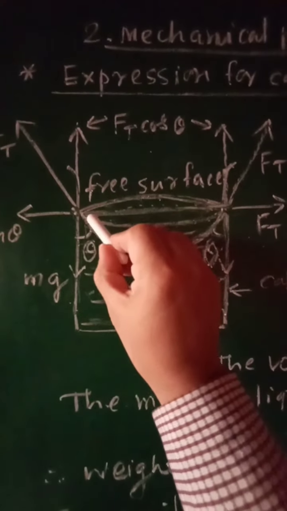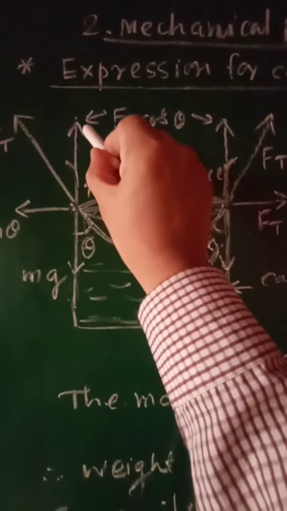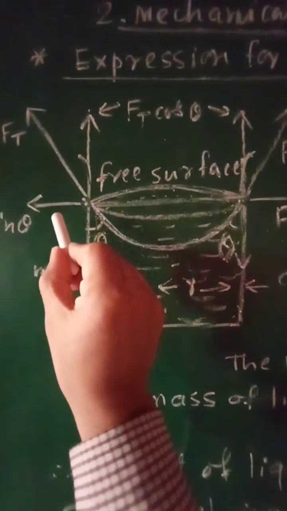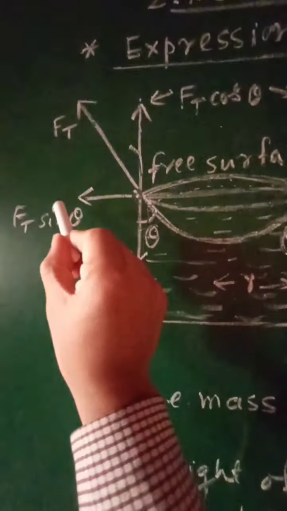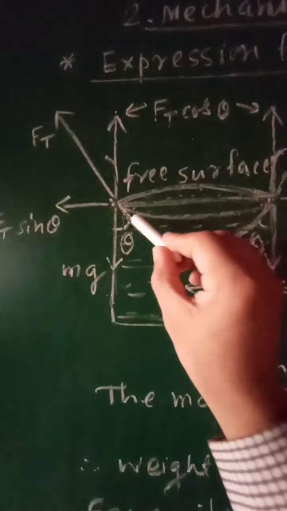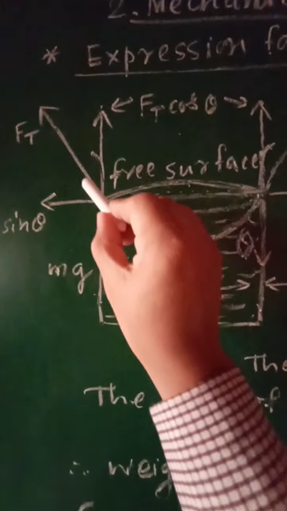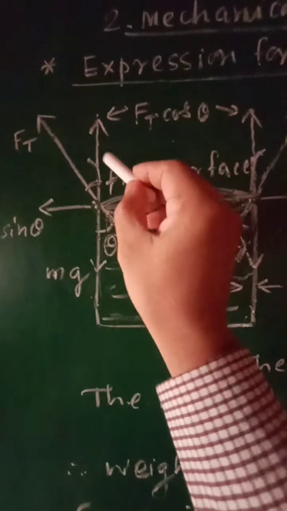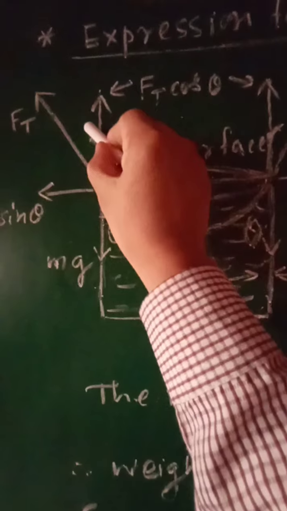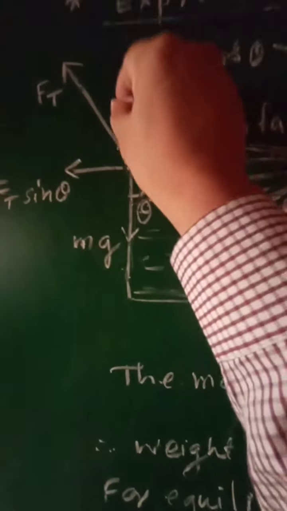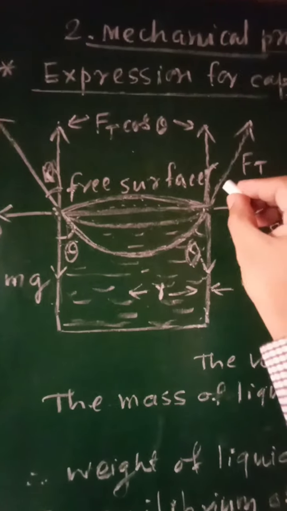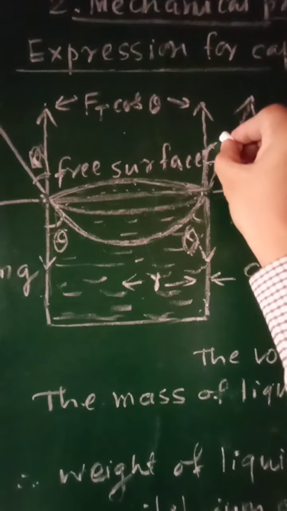One component of it will be acting in the vertically upward direction, other component will be perpendicular to it, so that it will be in the horizontal direction. As this angle is theta, this will be the opposite angle, and therefore this will be also theta. So this angle is also theta. Similarly, here also this angle will be theta.